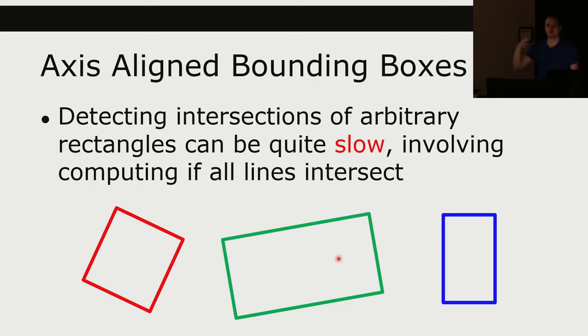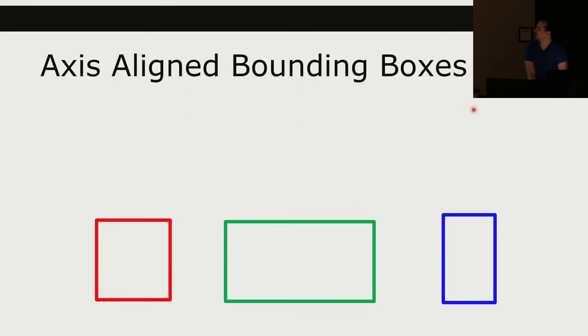So we may have to do hundreds of things to just detect if these two rectangles are overlapping, which is not something that we would want to do. So typically what we do is we're just going to say, okay, we're going to take our bounding boxes and we're going to align them to the axis.